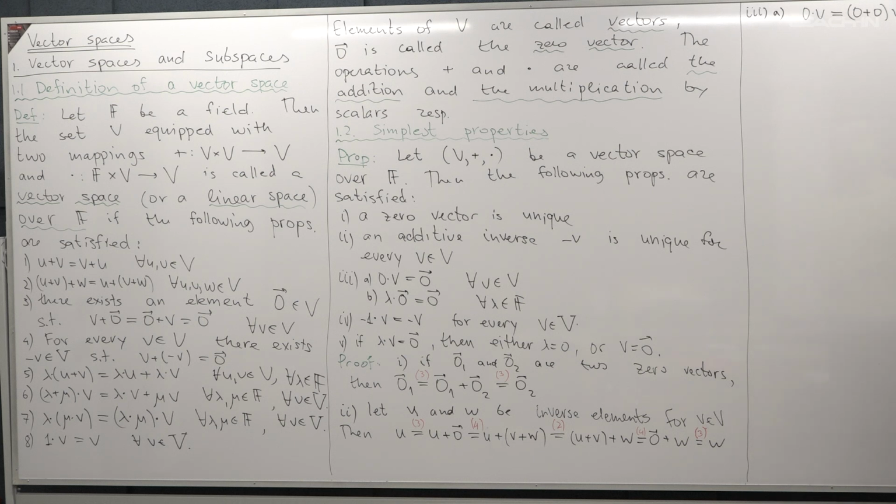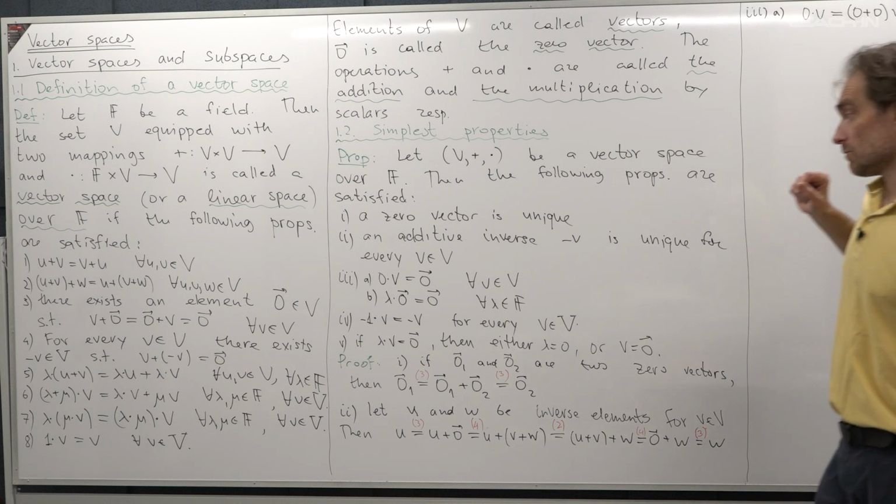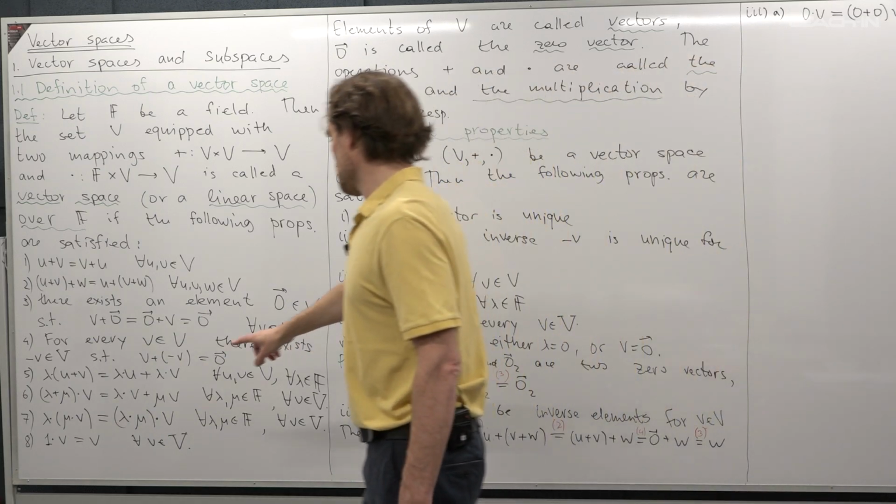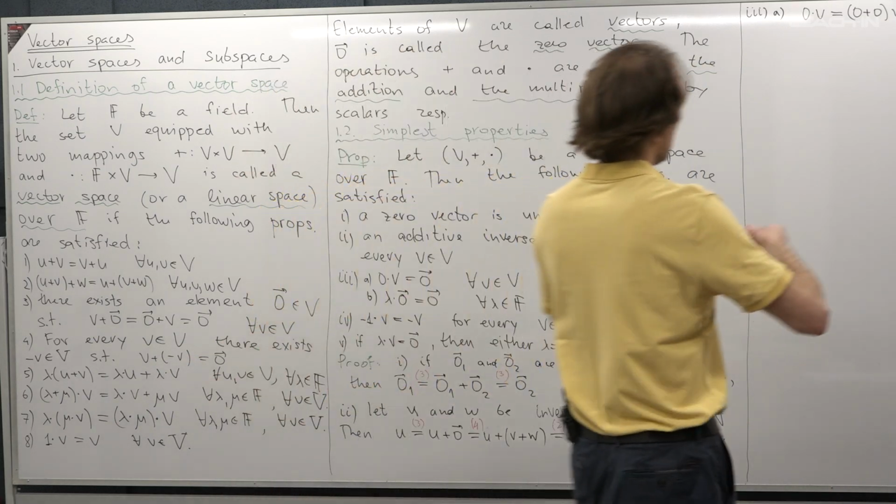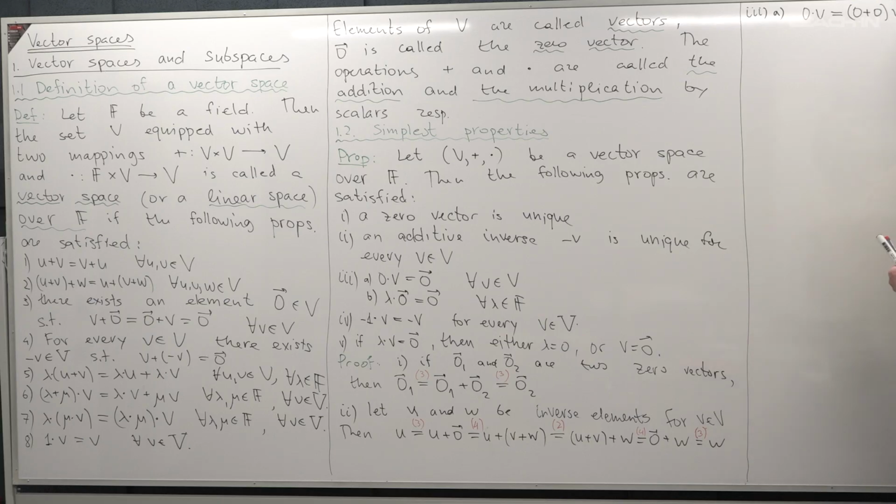And then I'm going to use the distributivity property, which is property number 6. So this can be rewritten as 0 multiplied by V plus 0 multiplied by V. Okay, so 0 multiplied by V equals 0 multiplied by V plus another 0 multiplied by V.